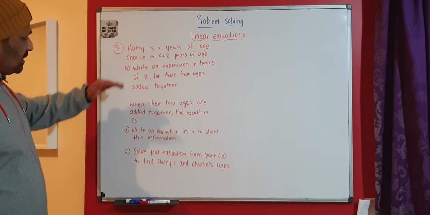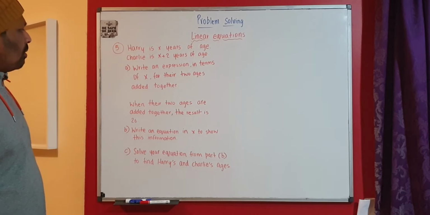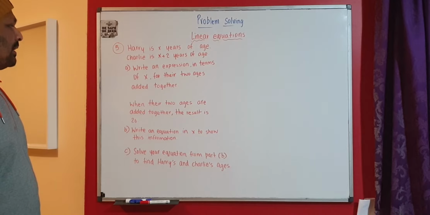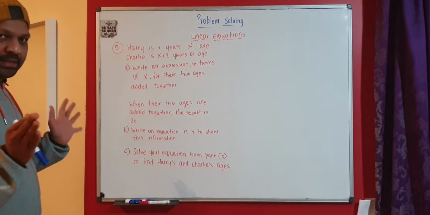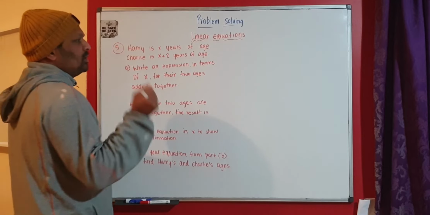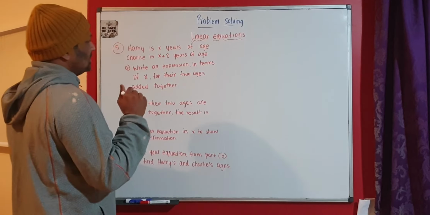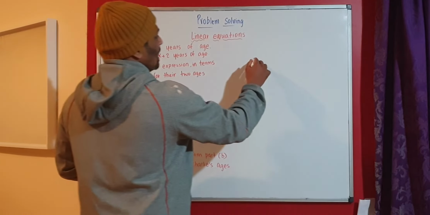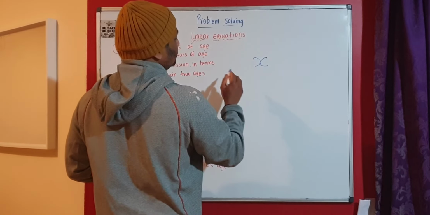There are 3 questions in it. One is, write an expression in terms of x for the 2 ages added together. So I want to add their ages together. What is the total age? Total age is Harry's age plus Charlie's age.